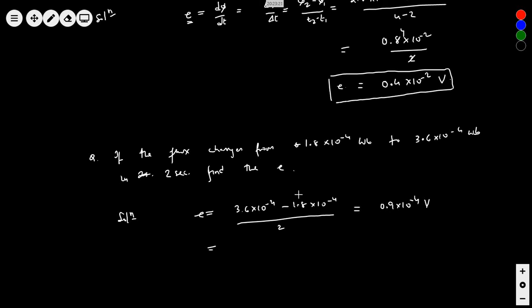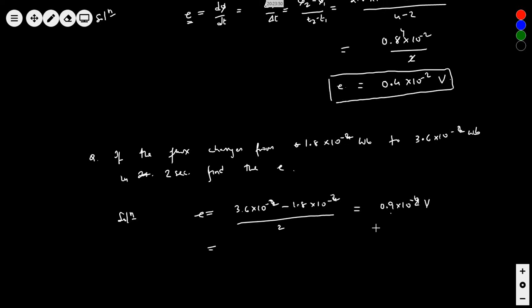So notice, if the change is large and time is short, the voltage will be more. If I keep this as 2, how much is the difference now? 0.9.